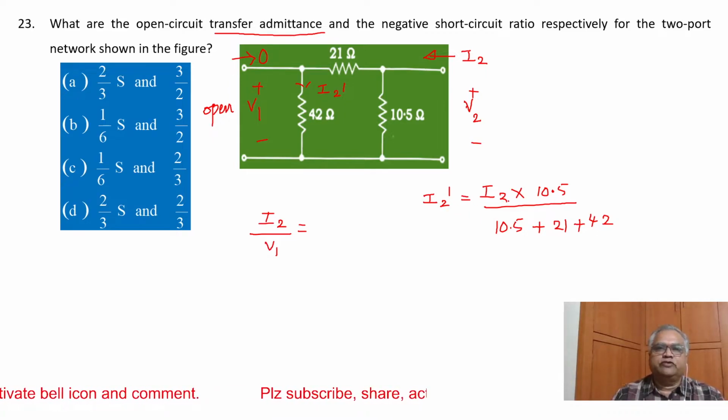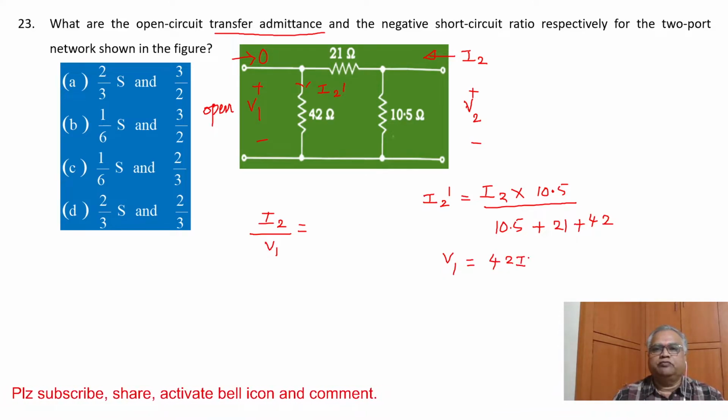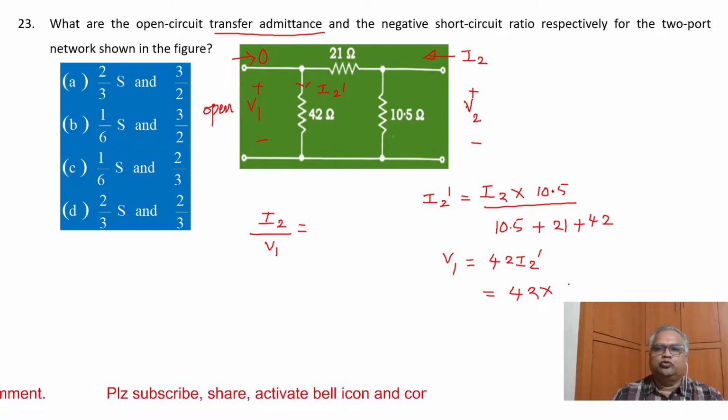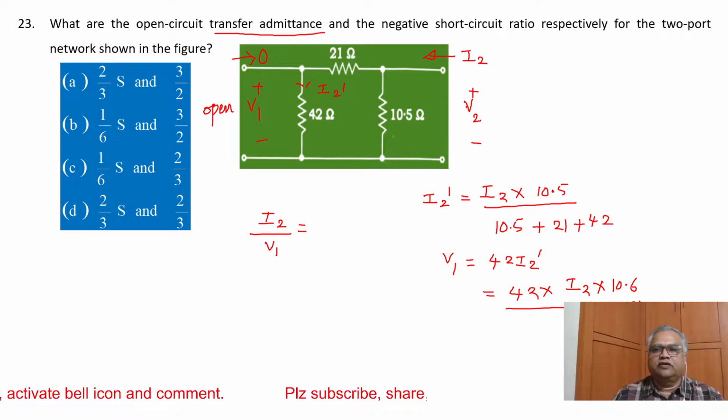So I2 prime in terms of I2. But what we want is V1. V1 is 42 I2 prime. So this is 42 into I2 into 10.5 by 10.5 plus 21 plus 42.